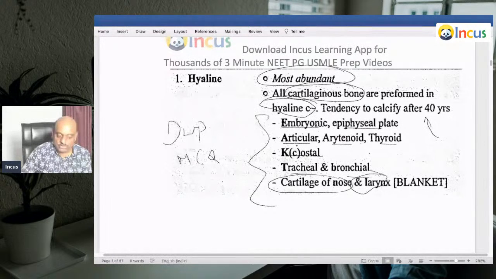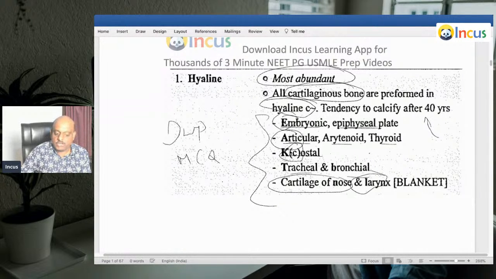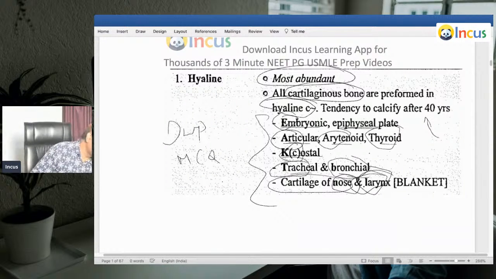So K is costal, E is embryonic epiphyseal plate, then A is articular, arachnoid, T is thyroid, tracheal, bronchial, N is nose cartilage, L is larynx cartilage. You should not forget, BLANKET is an easy way for you to remember the hyaline cartilage.